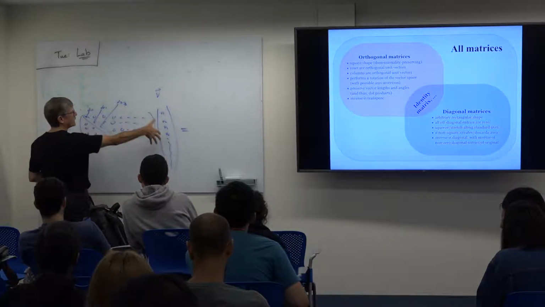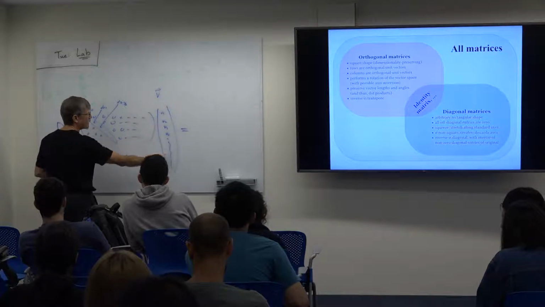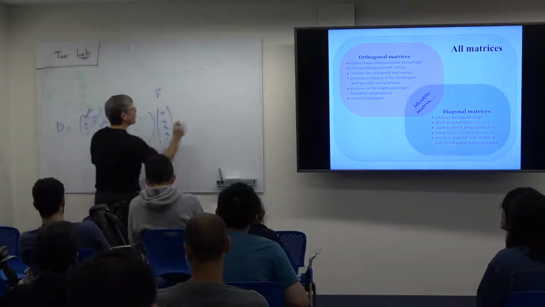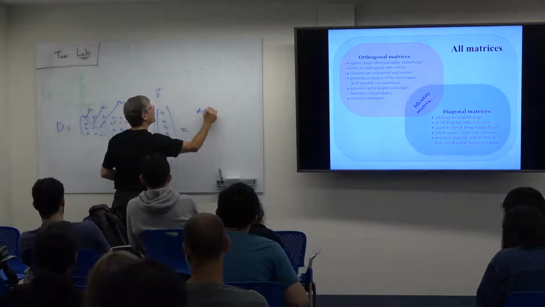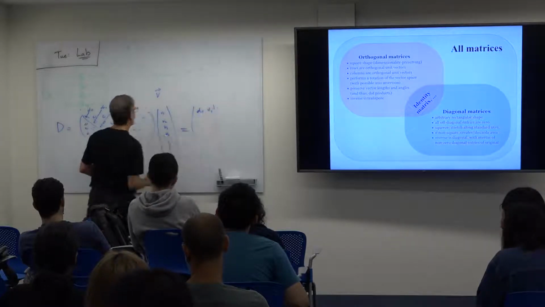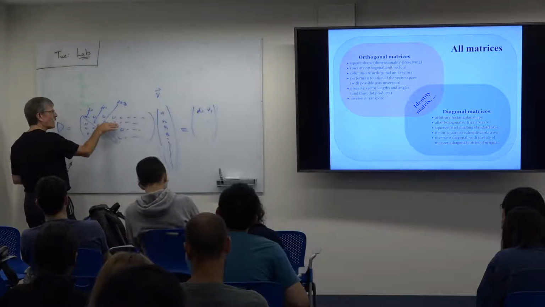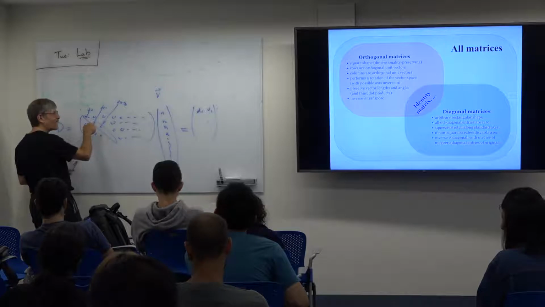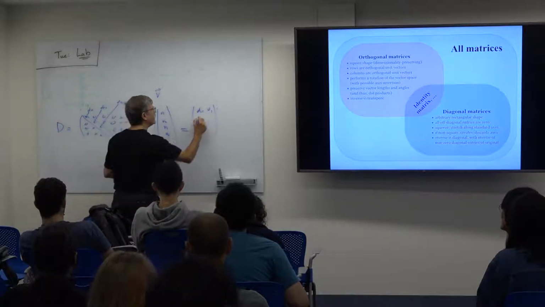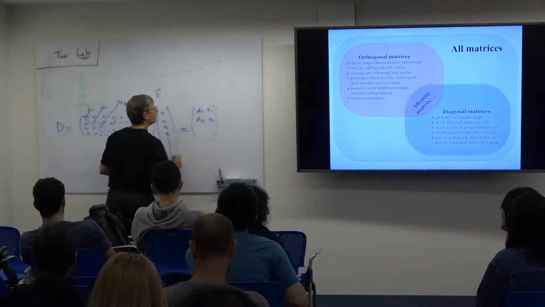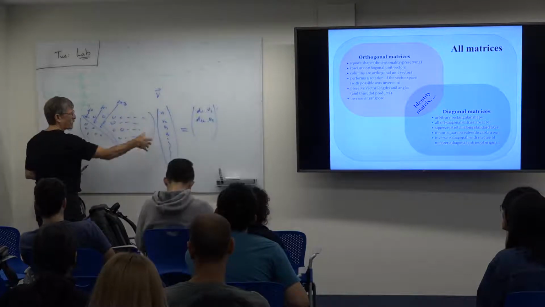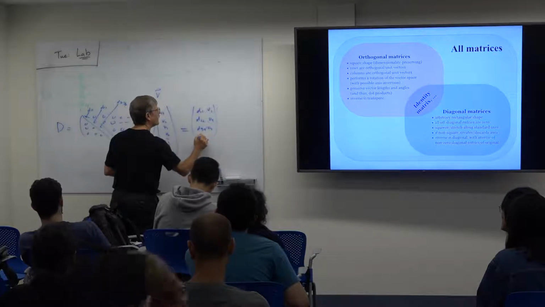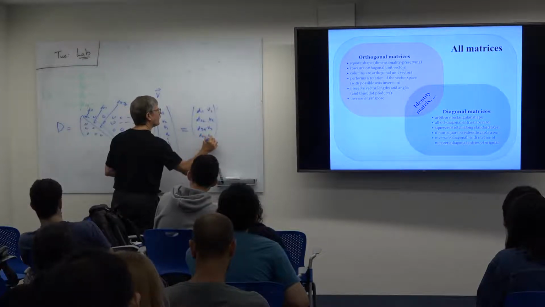We take this row, dot it with that vector. These entries all get matched up with zeros, so they're thrown away. What you get in the first position is D11 times V1. When you take the second row and dot it, everything gets hit with zeros except the second entry, so you get D22 times V2. Third row times the third entry, you get D33 times V3, and D44 times V4.